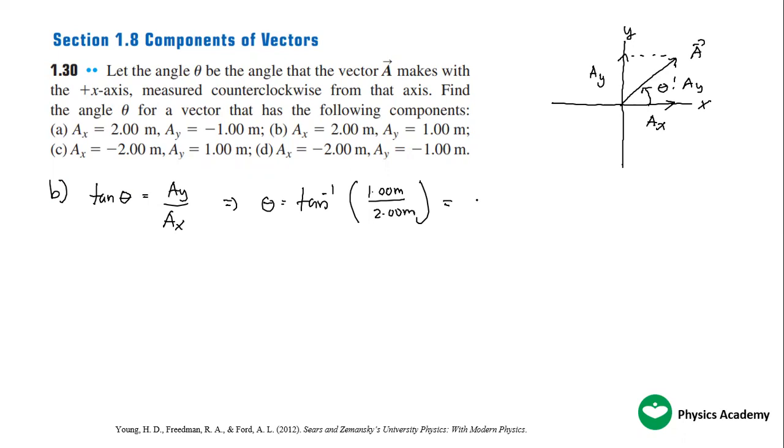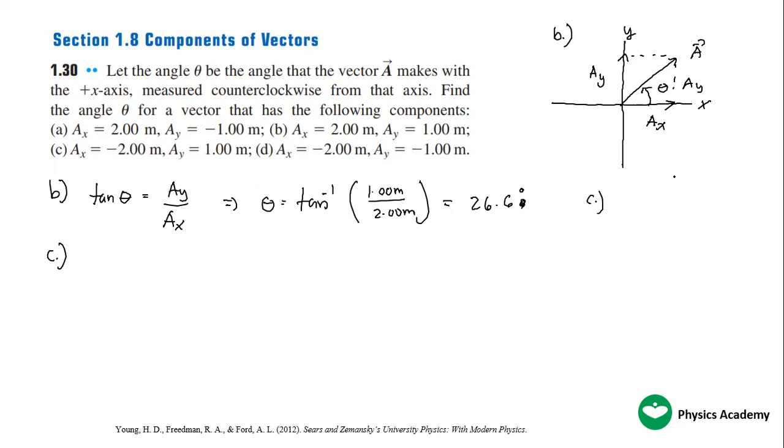So our theta here is 26.6 degrees. So our theta from the positive x-axis is 26.6 degrees. So how about letter C? Can we answer letter C? So this is for letter B, and let's answer letter C.